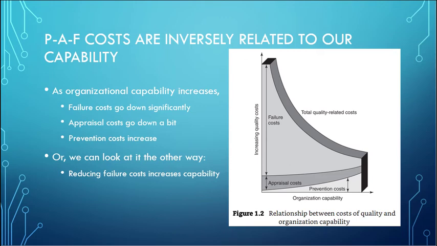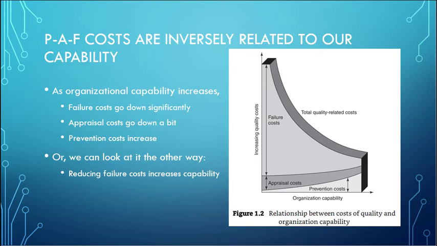And remember, that is our ability to produce things that meet the specifications at the rate that we need to produce those things. So one way to look at this graph is as our capability gets bigger, our total cost of quality goes down. So our capability is inversely related to our cost of quality.